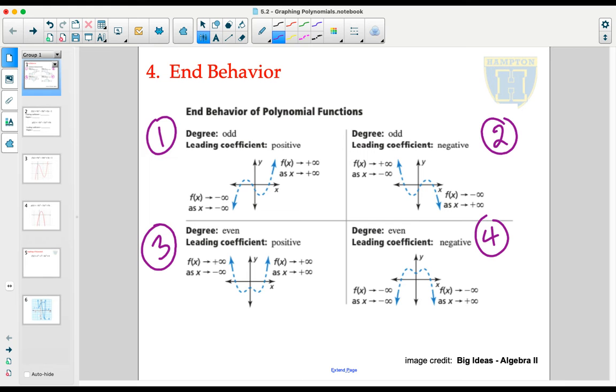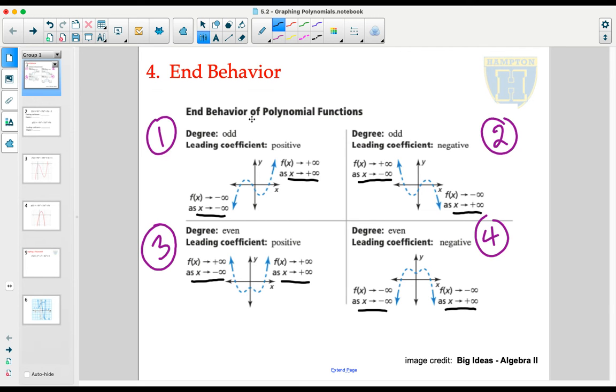The reason that we're able to do this lies in these designations right here: what's happening as x gets obscenely large and very small in the positive and negative directions, respectively.